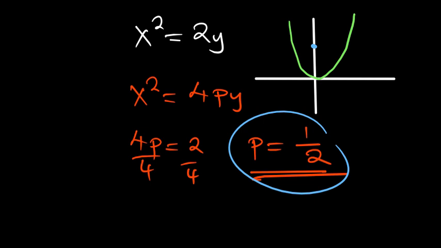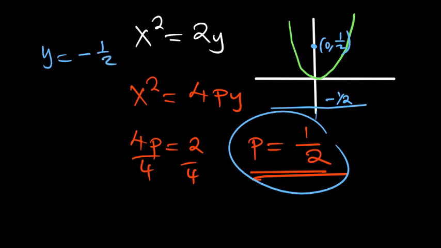It will be (0, ½) units. So what is the focus? And then where is the directrix? The directrix now is going to be down there, at -½, because the distance to the directrix and to the focus should be the same from the vertex. So the equation there is going to be y is equal to -½ as our directrix.